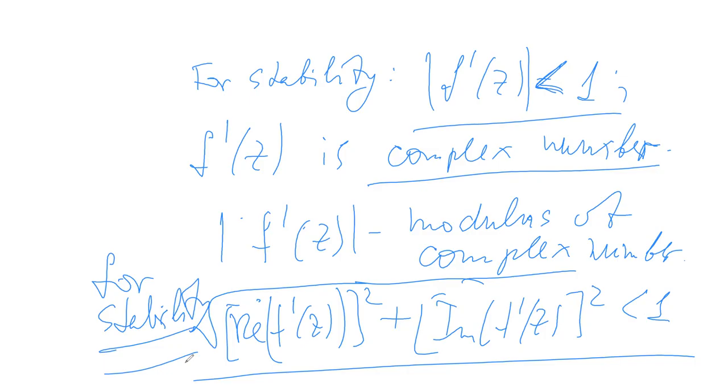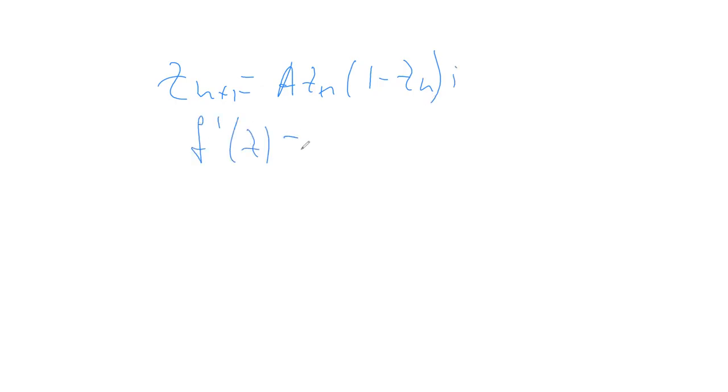And now we can get back to our map. The derivative of our function was a minus 2az.